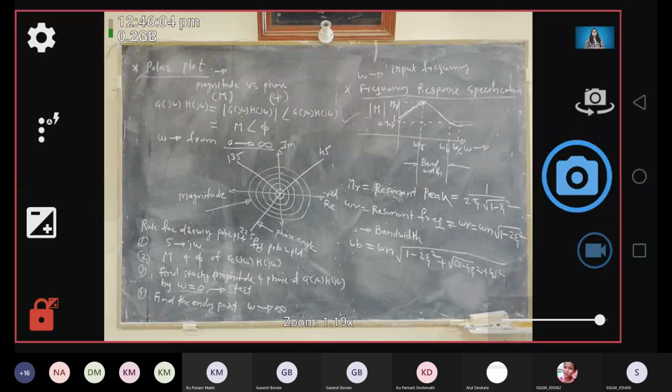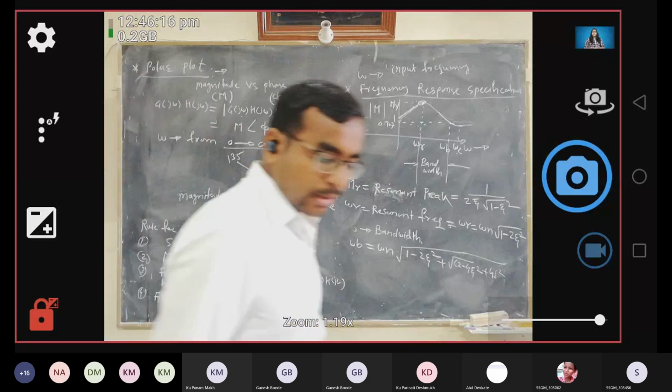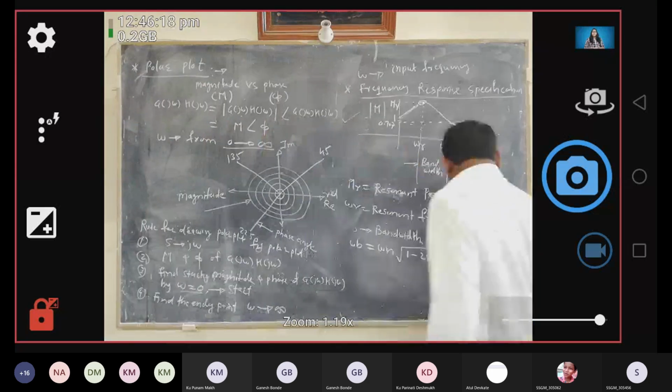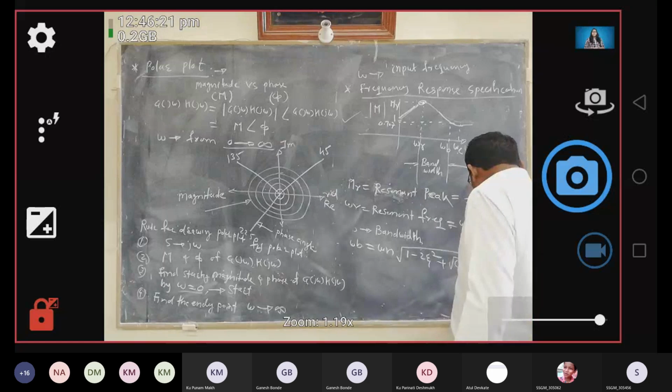Then we will determine how to determine stability from the polar plot. So we just sketch one example of how to plot a polar plot, then we can determine stability from the polar plot.